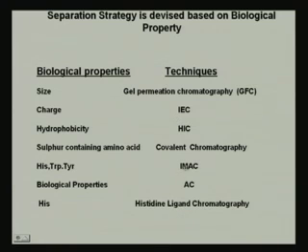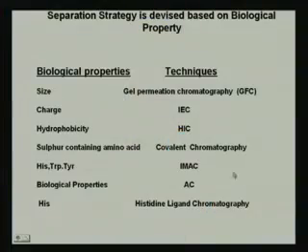Based on their biological properties, we can adopt the affinity chromatography, the affinity of one molecule to another. So, it is the exploitation of the inherent biological characteristics of the biomolecule, and based on that we can separate the targeted molecule by affinity chromatography.